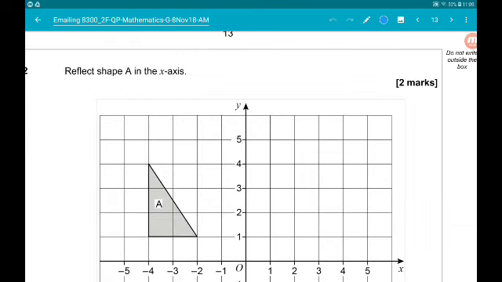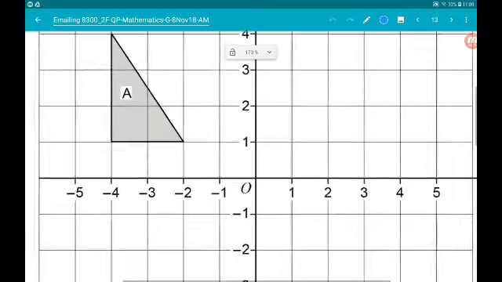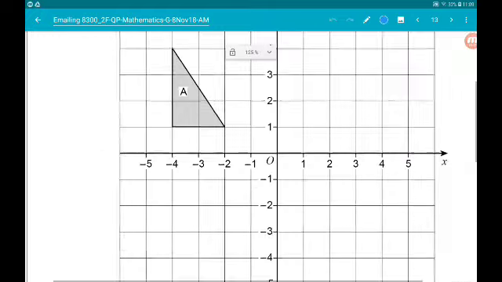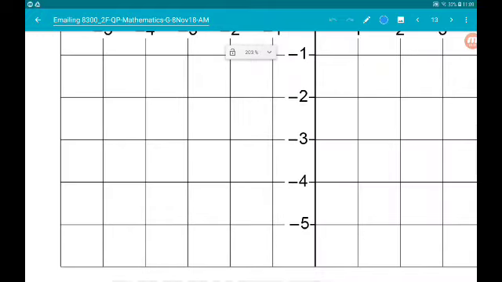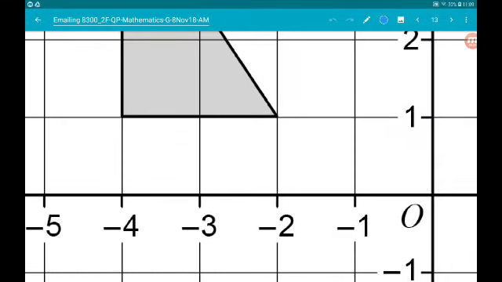Okay, question 12 wants us to reflect shape A in the x-axis. So the x-axis is the one that goes across. X is across, the x-axis goes across. So the triangle is going to move down here. Now what we do is pick a point. So let's go with this guy.